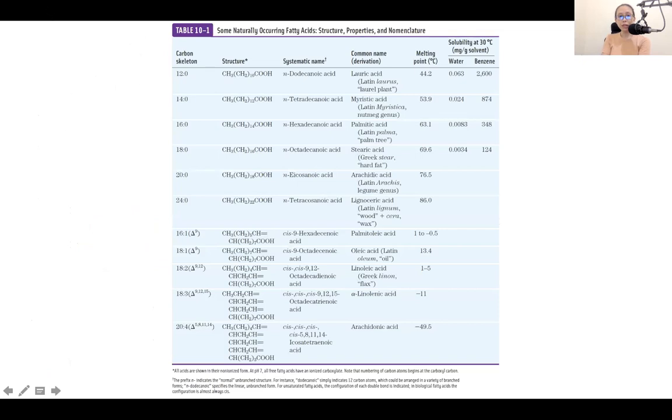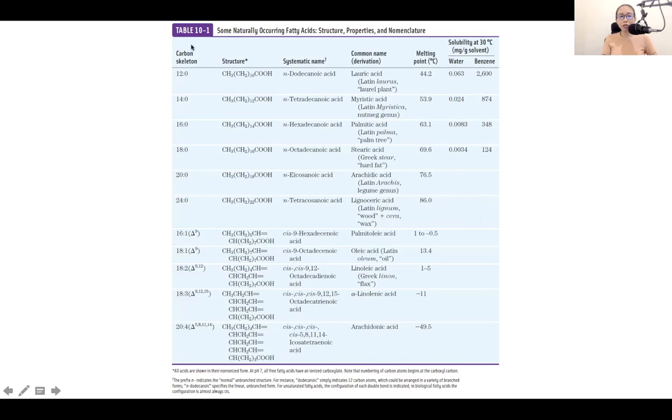So in this table, you will see some properties, specifically the melting points of some fatty acids and their solubility in water and benzene. Notice the solubility in water is very low, but they have very high solubilities in benzene.